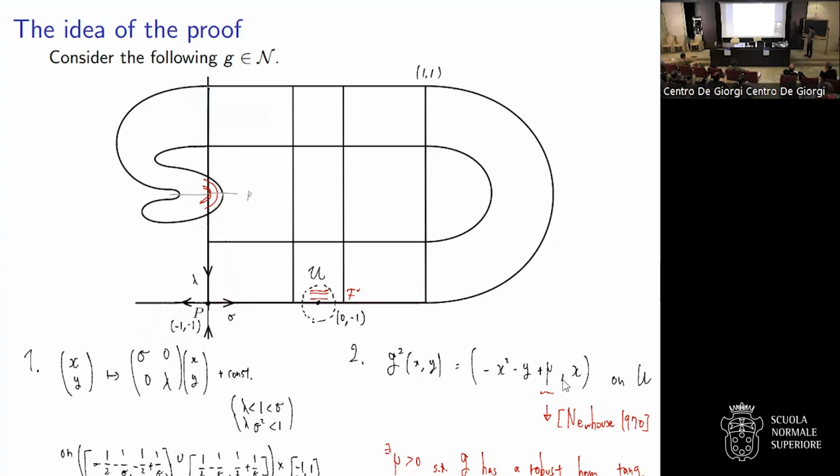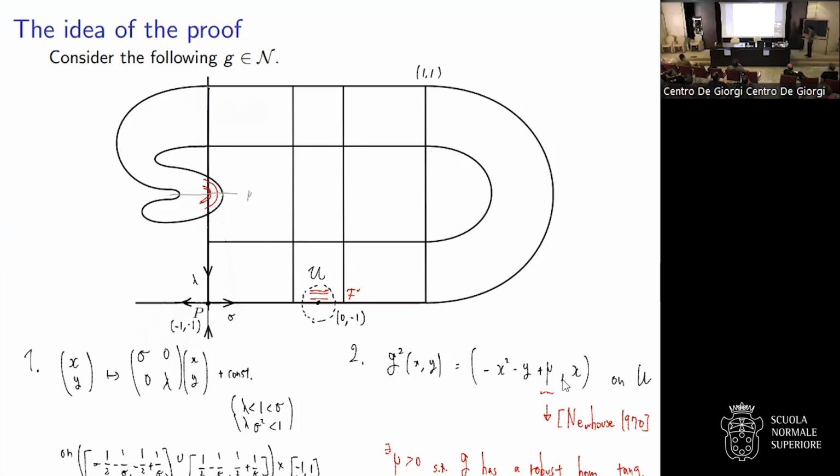So you can imagine that the image of this local unstable foliation is tangent to the stable foliation by adjusting the position by mu. And exactly what Newhouse did was to find some mu such that G has such a tangency. It's open. So if you perturb it, you can still find a homoclinic tangency. Yes, nice. And another nice point is that this model is still very explicit. So this motivated me to calculate something.